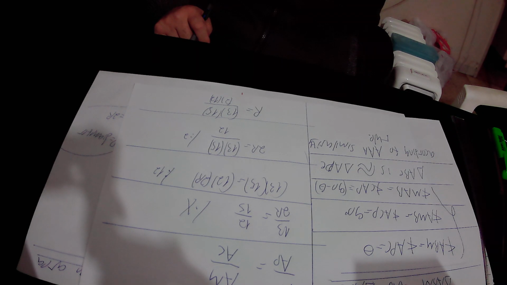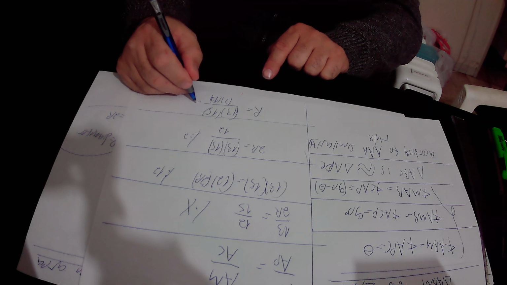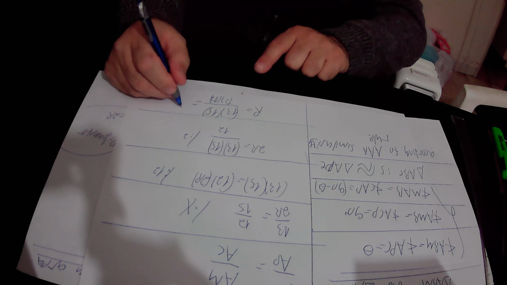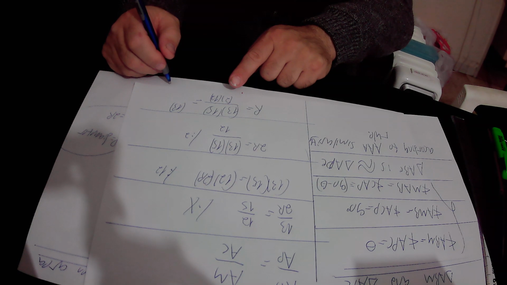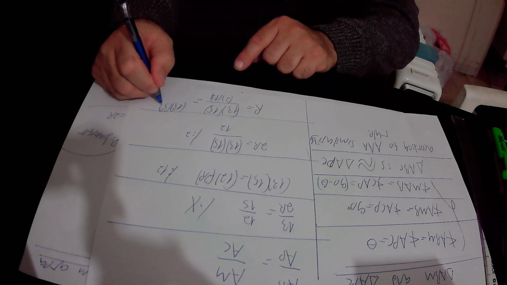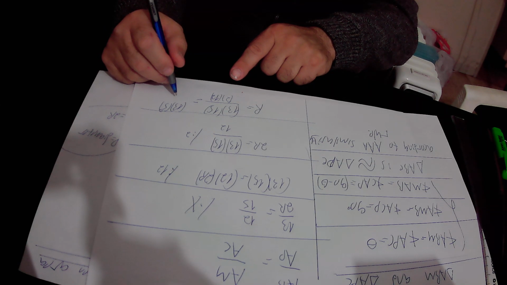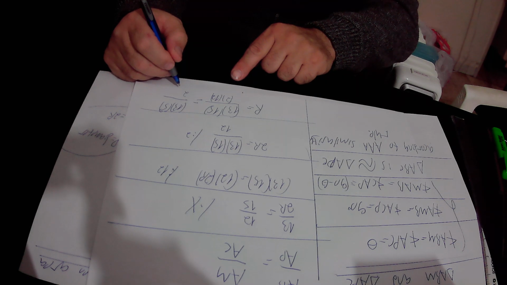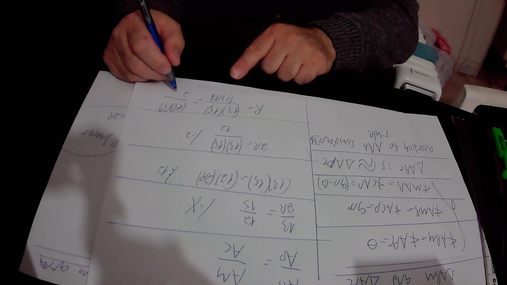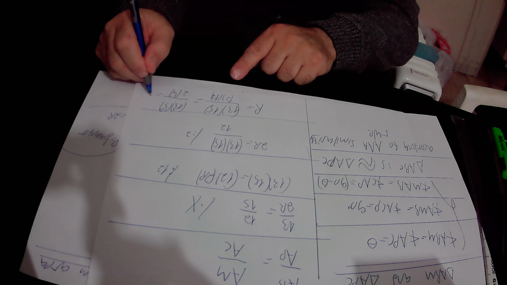Here we divide both the numerator and the denominator of this expression by 3, and we get that in the numerator we have 13 times 15 over 3, and 15 over 3 is 5. So in total, in the numerator after we divide by 3, we are left with 13 times 5. In the denominator we have 2 times 12 over 3, and 12 over 3 is 4. So the denominator is 2 times 4, that is 8.